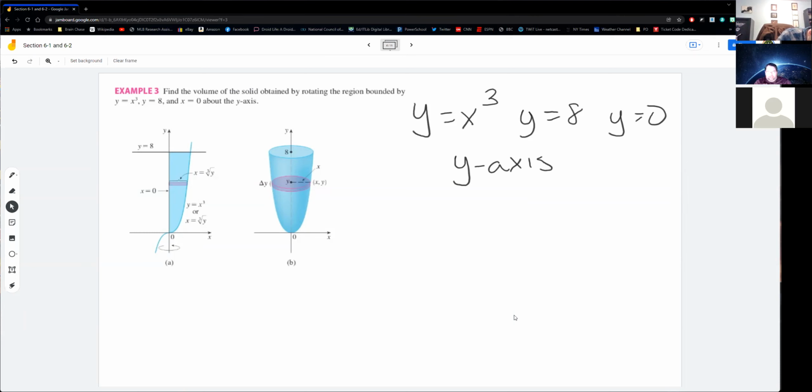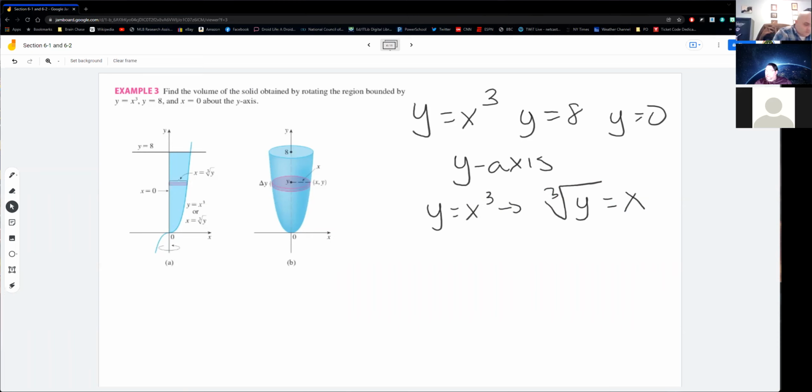So for this one, I need to change the y equals x to the third to the cubed root of y equals x. So I need to solve it for x to get it in terms of y. Does that part make sense?